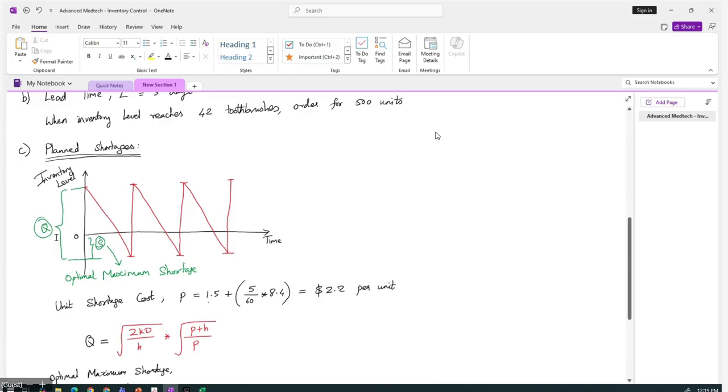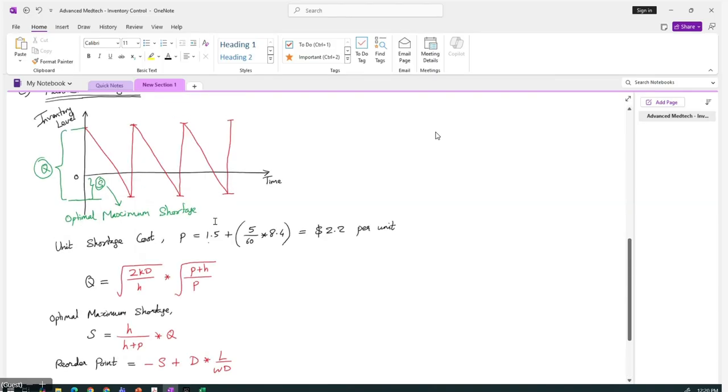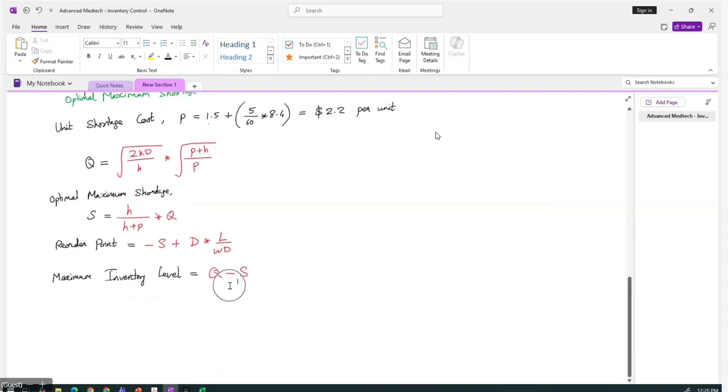I hope everybody's with me. What is this Q? From this point, if I make an order, the total quantity that I'm going to get is Q. That Q minus the shortage is going to be my maximum inventory level, this point. This point is going to be Q minus S.